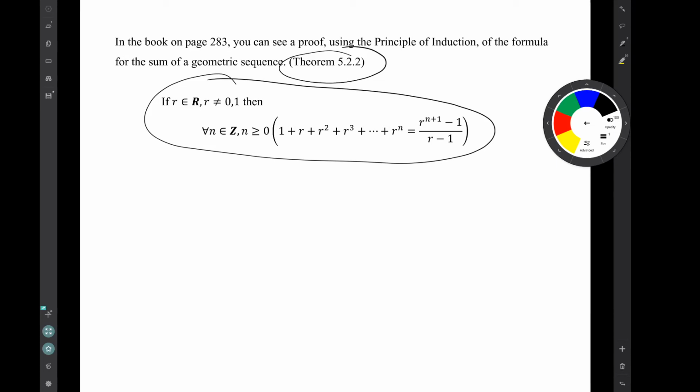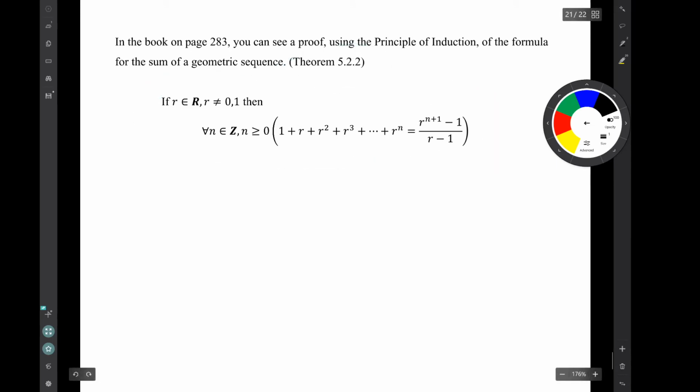So the example that we just did and this example that's done in the book are two examples that can be done nicely using induction, but it's kind of silly to do it that way if you can do the proof using just arithmetic. But they're good examples to start with for induction, so you get the sense of how to use the method, and then you recognize the result.